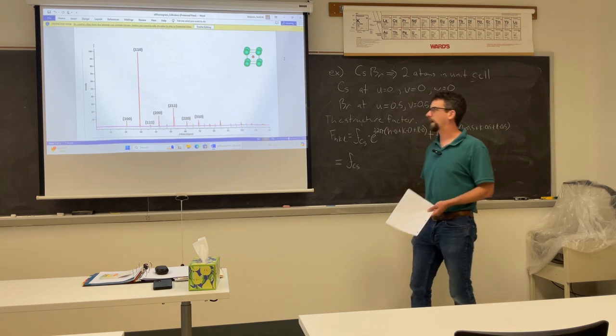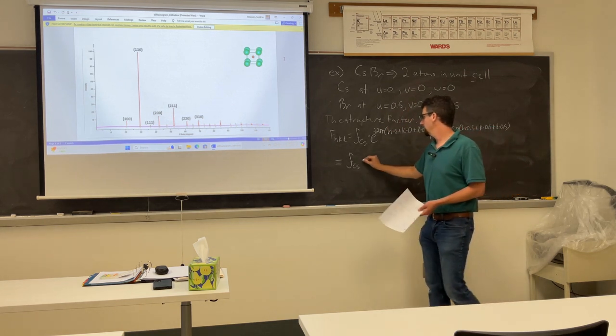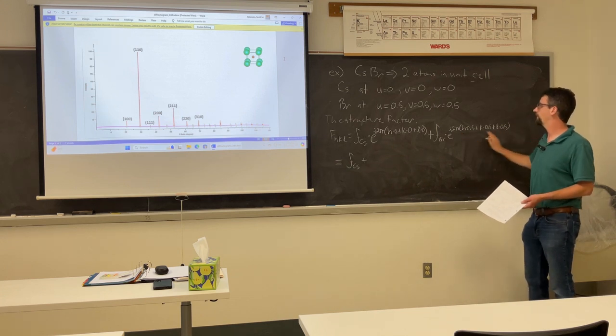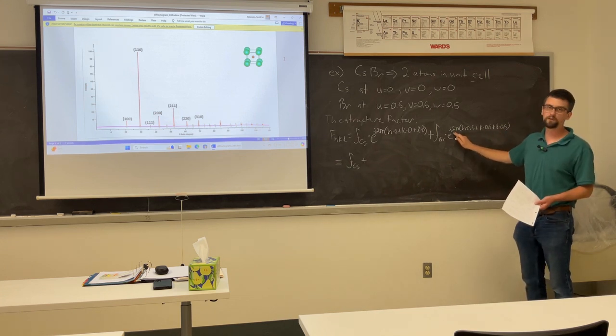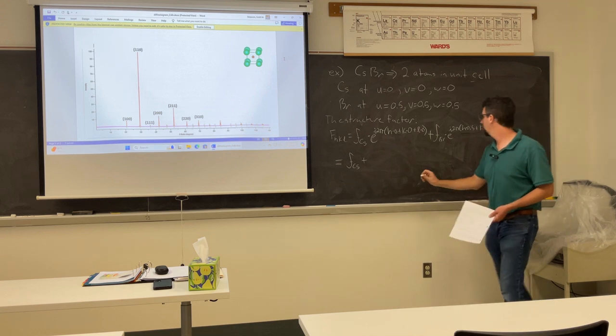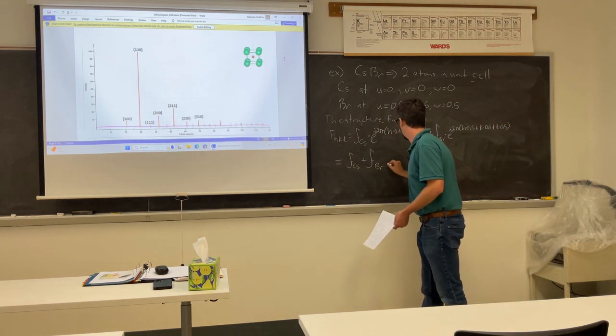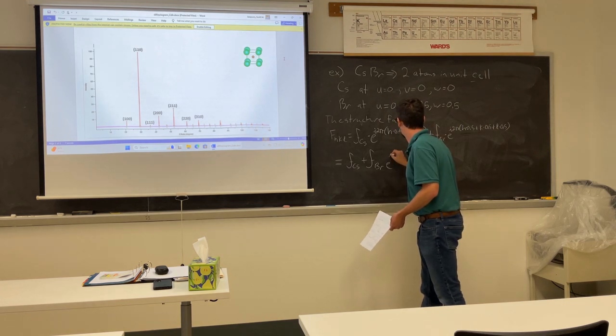So we get the structure factor of cesium. Next, we have to look at what it is over here. So we have 0.5 times all of these things and the 2 out front. Those two terms will cancel, and we're left over with i pi times h plus k plus l.